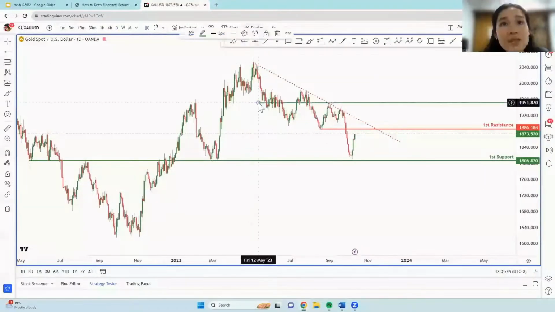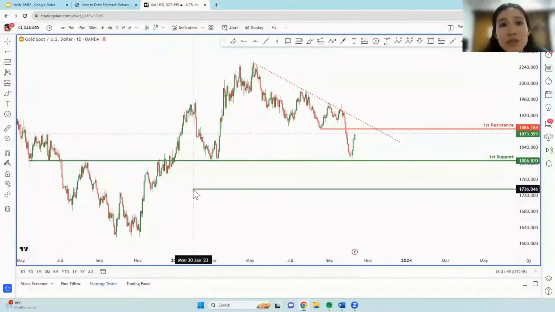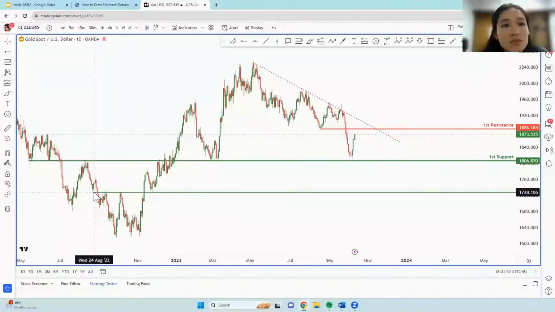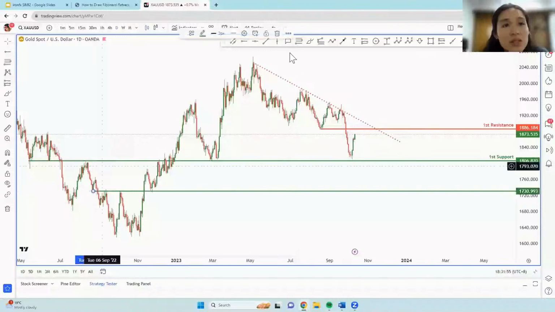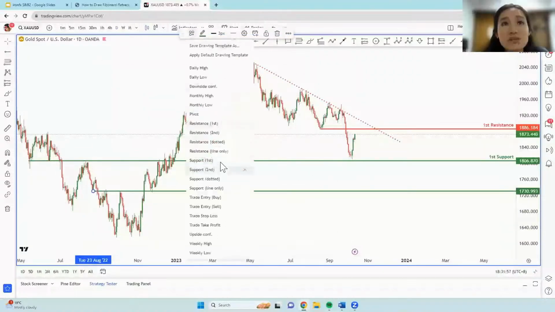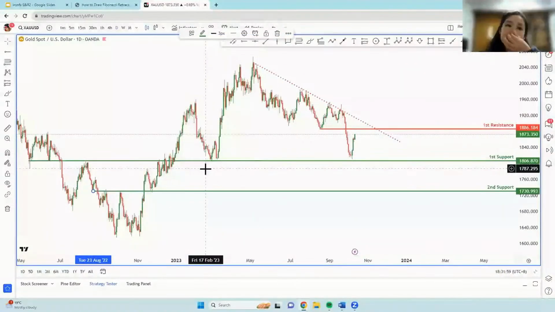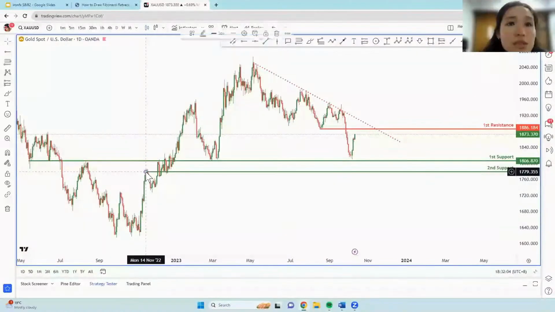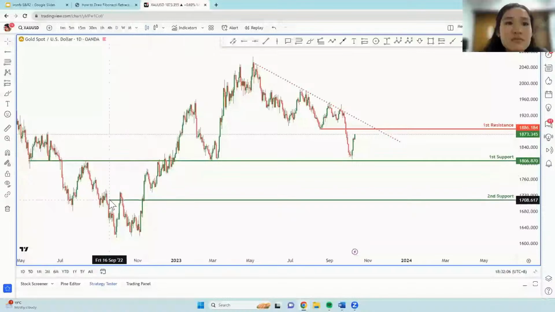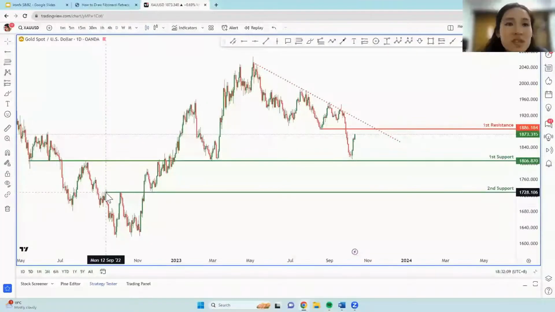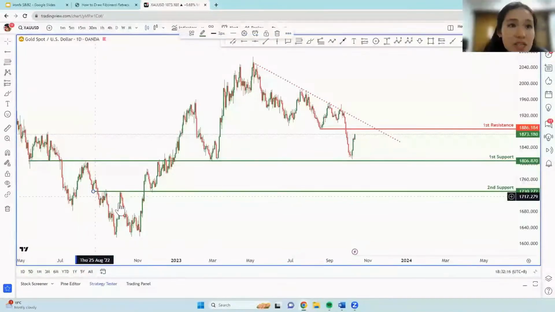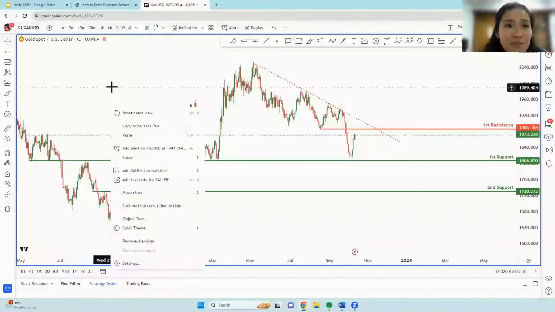Next we have another second support here. Or maybe closer here. Yeah, the reason why I chose here instead of there is because here we have many swing highs and lows.